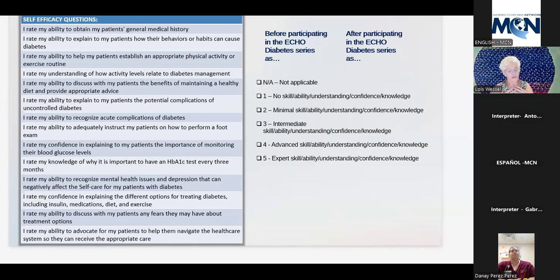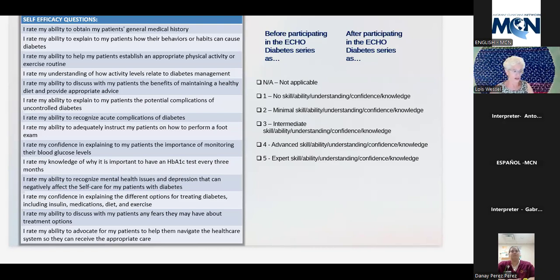So we give them two post-tests, one that says, before this course, this is what I knew, and then the second one, after this course, this is what I know. It gives them a chance to reflect in a more immediate setting on what they learned in the course.